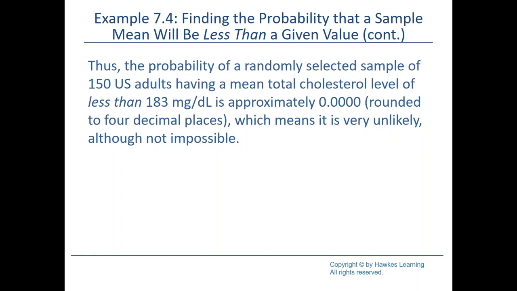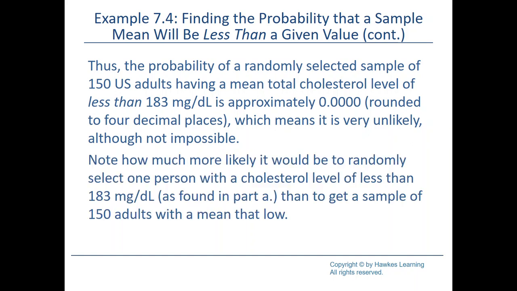It's not impossible though; understand it's not impossible even though I have approximately 0%. Note how much more likely it is for a random person to have a cholesterol less than 183 versus a sample of 150 adults having an average that low.